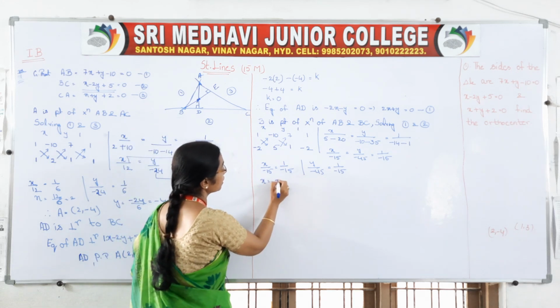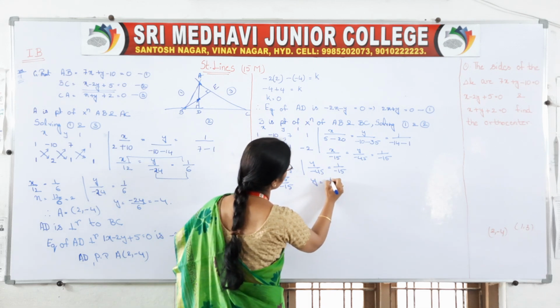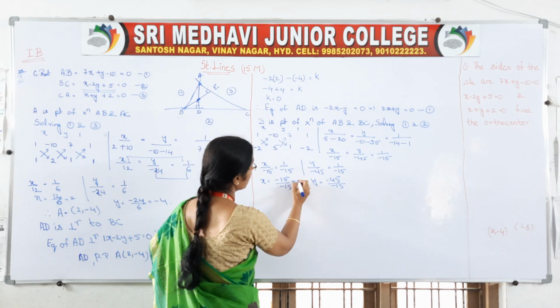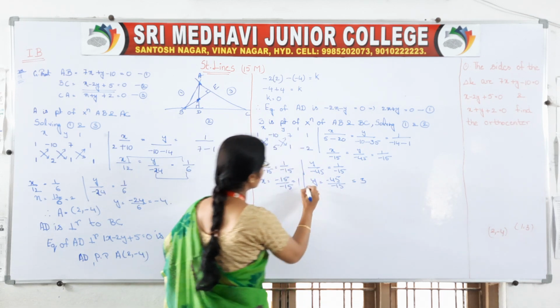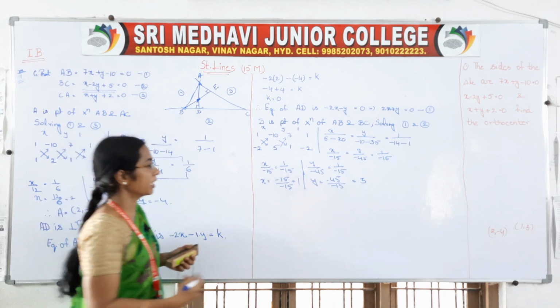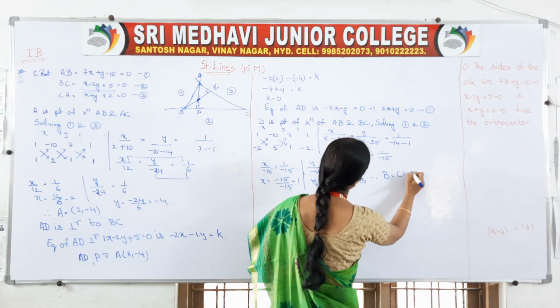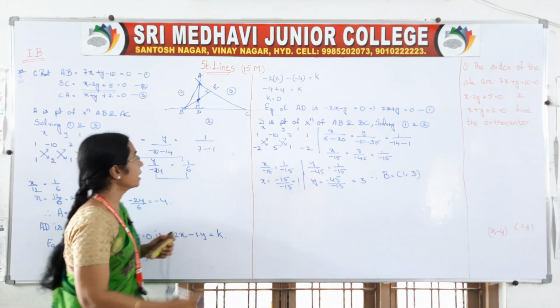So x is equal to minus 15 by minus 15, y is equal to minus 45 by minus 15, so x is equal to 1 and y is equal to 3, right? You got your second point. Therefore, what is B point? B is equal to 1 comma 3. So we got a B point.